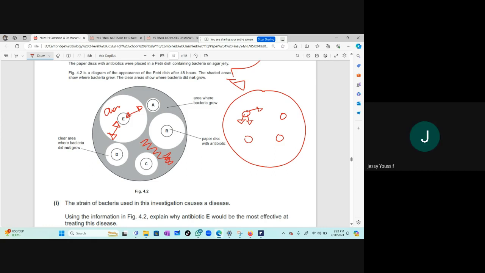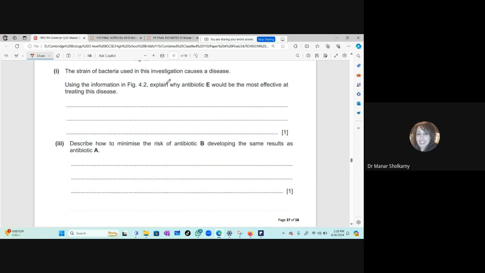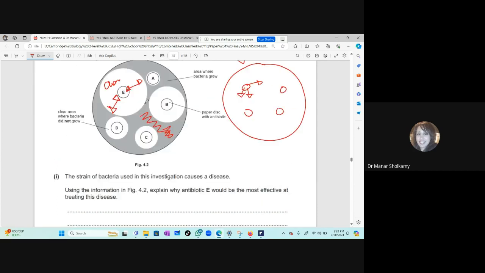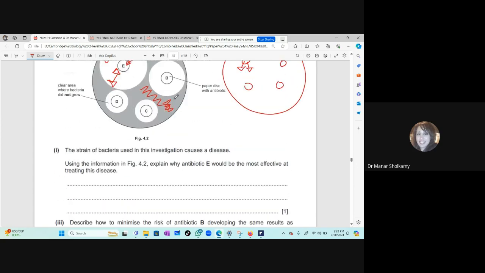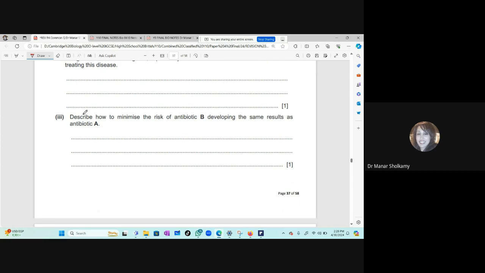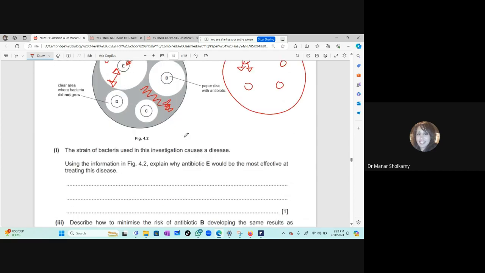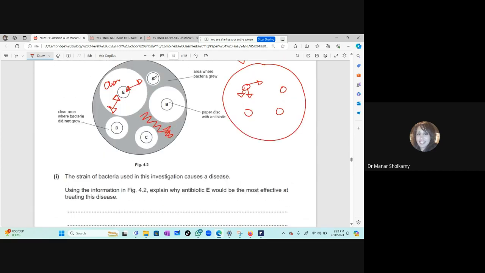E. Okay, I just wanted to make sure that you understand it. Use the information. Explain why antibiotic E will be the most effective because we just said it has the biggest clear zone. Very good. Or the widest diameter or whatever. Just mention clear zone. How do you minimize the risk of antibiotic B developing the same results as antibiotic A? You will go to antibiotic A. What is wrong with A?